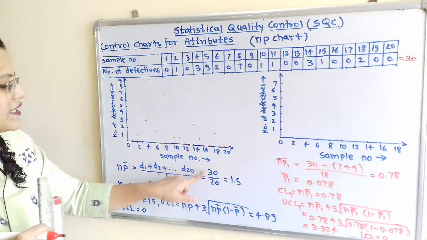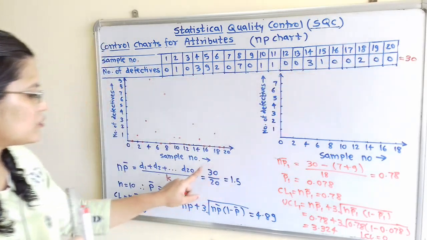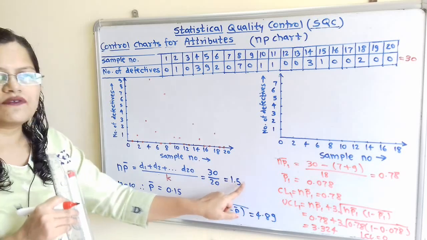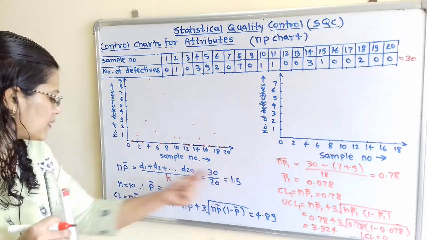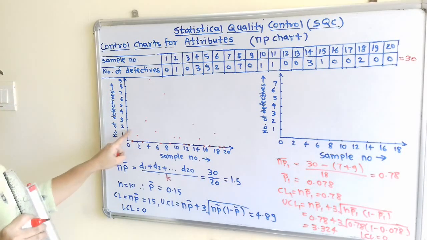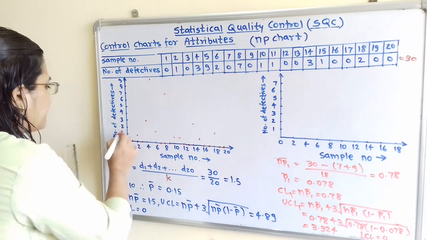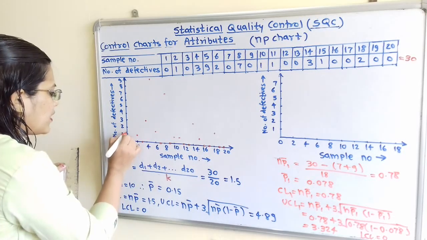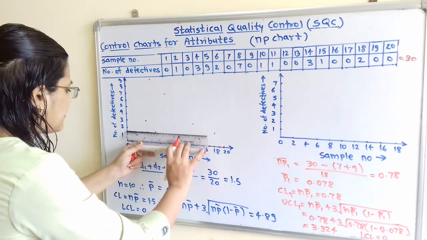So 30 divided by K, where the sample number is 20, gives 30 divided by 20, which is 1.5. So the value of NP bar is 1.5. The center line is also plotted at 1.5, so in between 1 and 2 we show the center line.